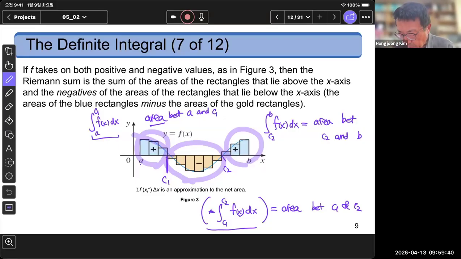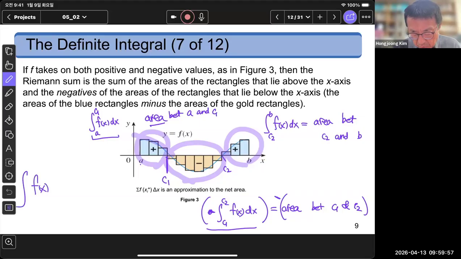So that is the negation of the area of the region between C1 and C2. So if I combine all these, if I integrate my function from A to B, then this will combine all these three values, right?